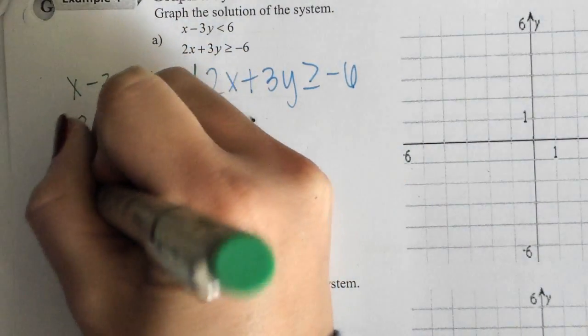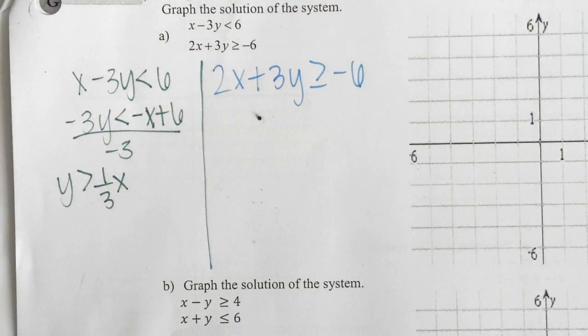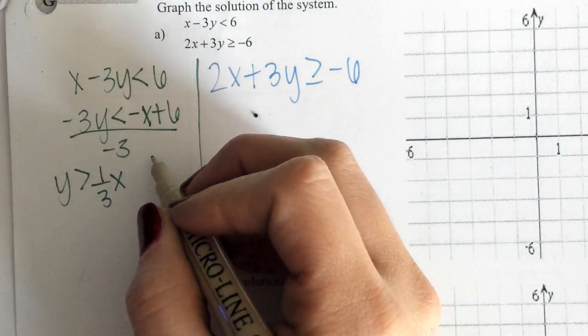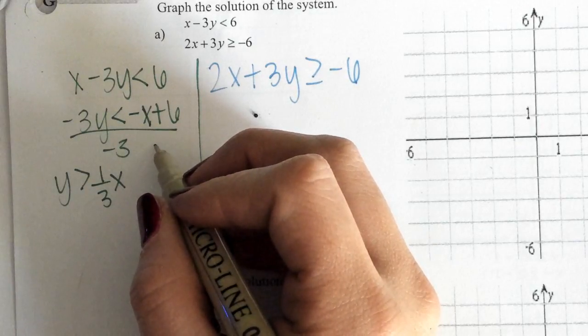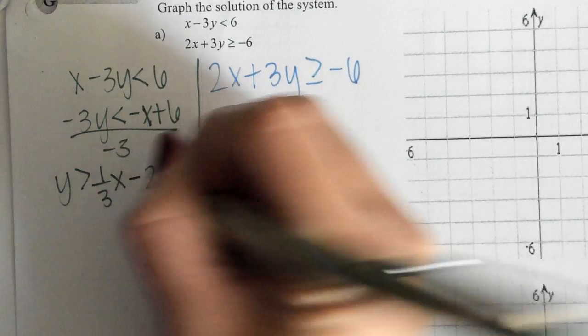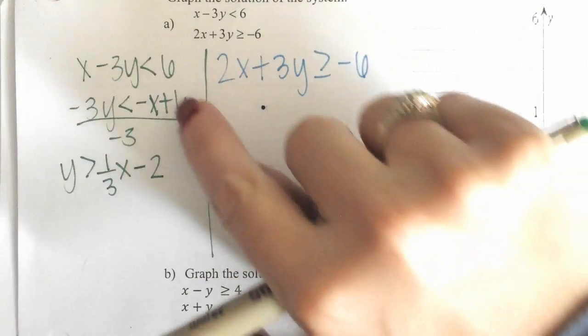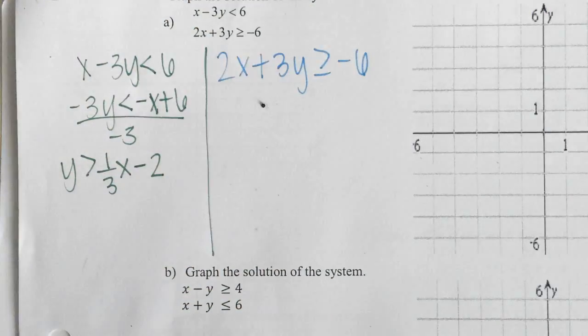A positive 1 over 3x. Good. And then, Amber, what's my y-intercept? Try it one more time. Good. Yes, because there's a 1 in front of that x. Any questions on that one?